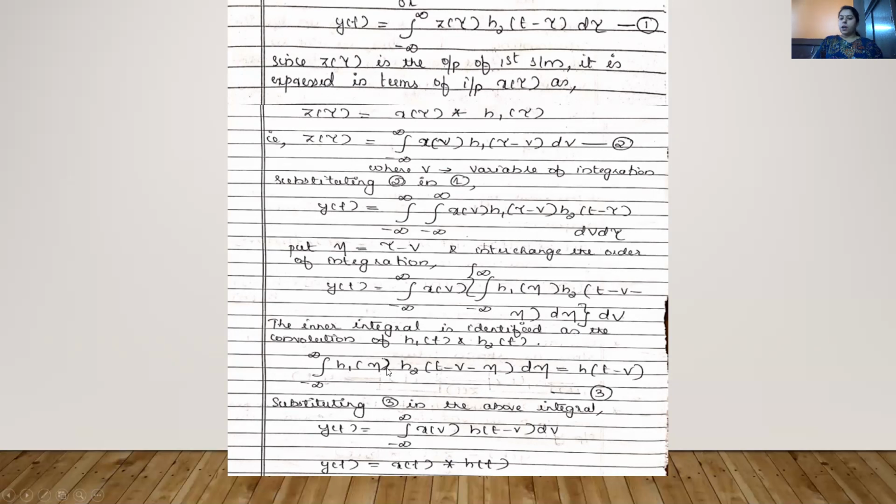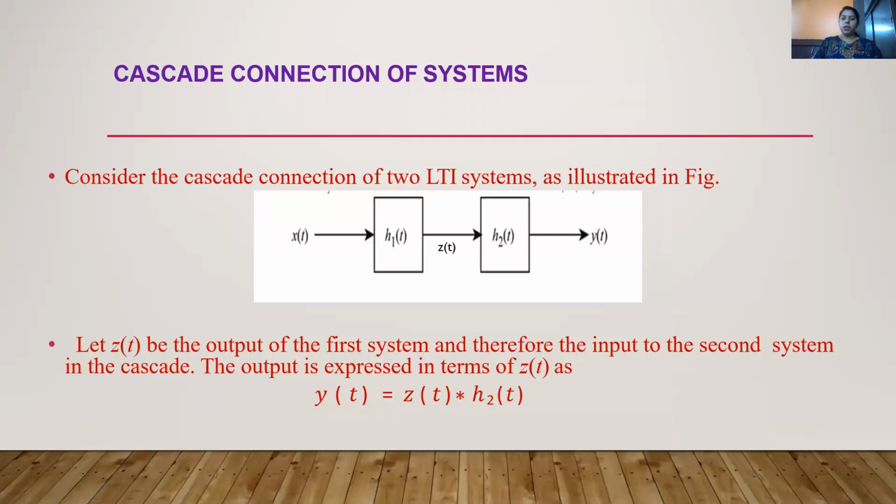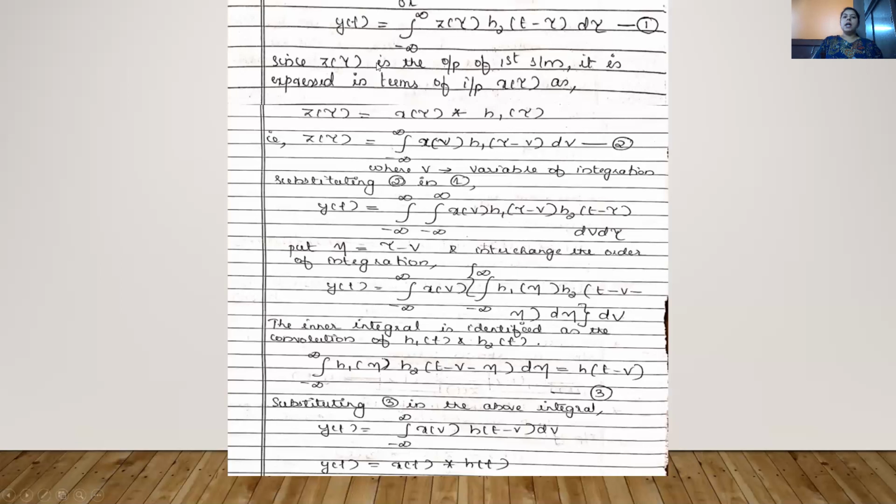Like see, h1 of eta, h2 of t minus v minus eta d eta. I'm going to assume this thing as h of t minus v. Why I wrote this is, just go back and see your convolution integral equation. It is y of t, how I wrote it is z of tau h2 of t minus tau.